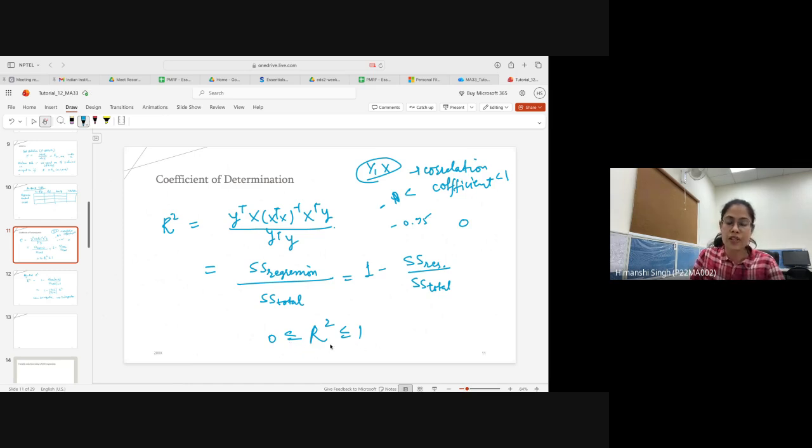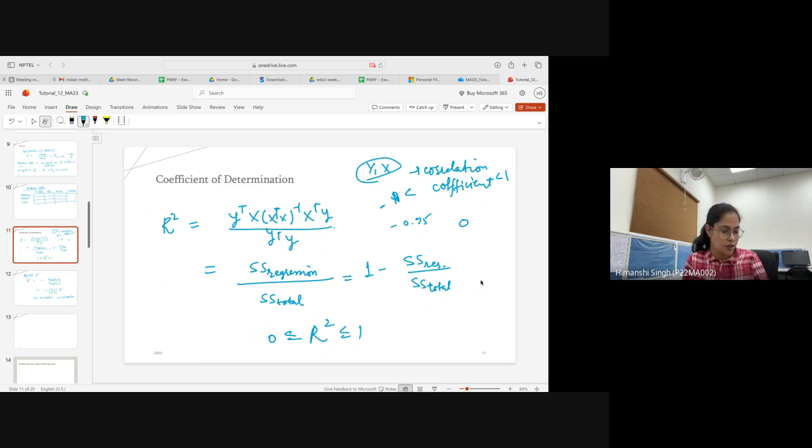If it is towards 1, like 0.95, we say the model is very good, and all the explanatory variables have some part to play. Every variable is having a good contribution, and there is a good linear relationship between the dependent and the independent variables.